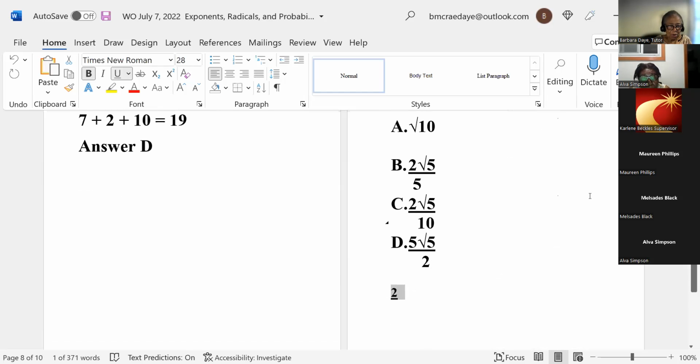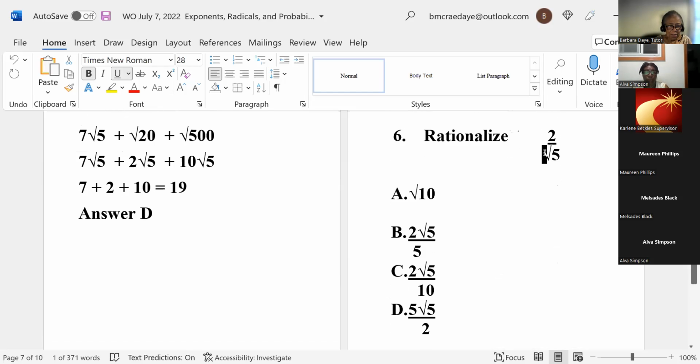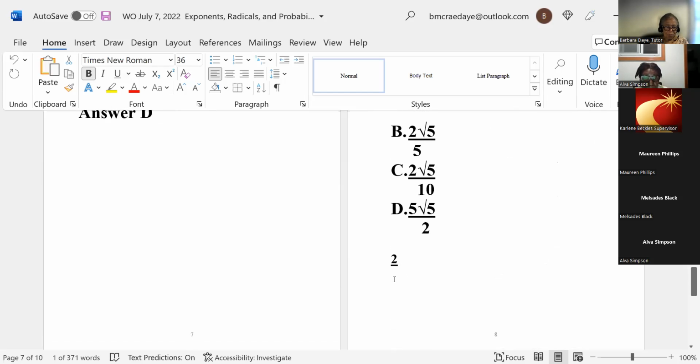Okay, let's put the square root of 5 here on the left. I put 2 over the square root of 5, multiplied by the square root of 5 over the square root of 5. Yeah. Okay.